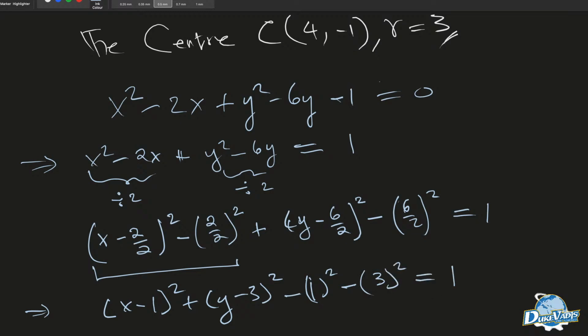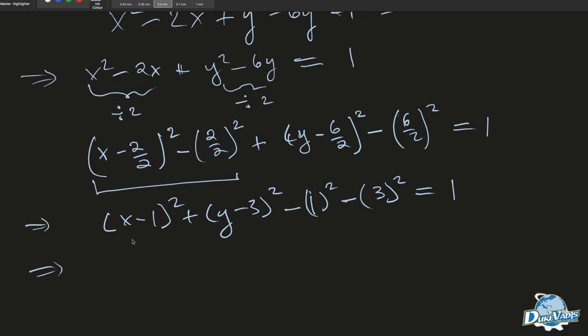So let's go further. (x - 1)² + (y - 3)² - 1 - 9 is equal to 1.